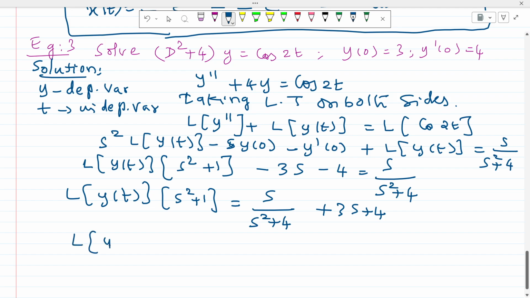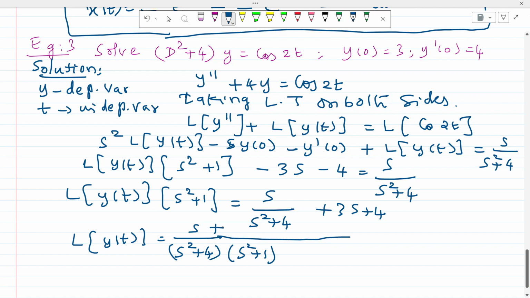So what is L of y of t here? L of y of t equal to, what is L of y of t here? S by s square plus 4 into s square plus 1 plus 3s plus 4 into s square plus 4. Okay.